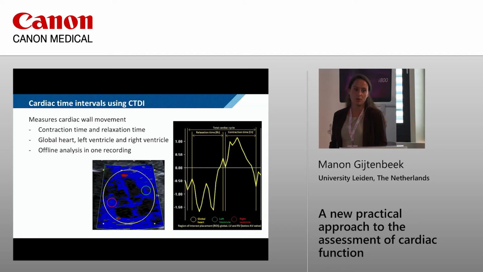And if we calculate it as a percentage of the whole cardiac cycle and do it repeatedly, we can say that the percentage of relaxation time or the percentage of contraction time is different between fetuses or changes over time. So this is what I want to suggest as a new technique.